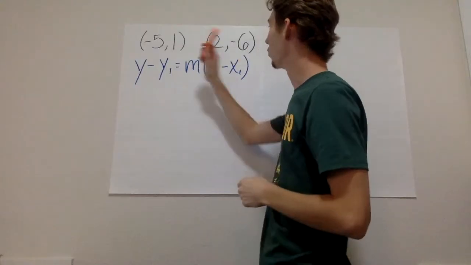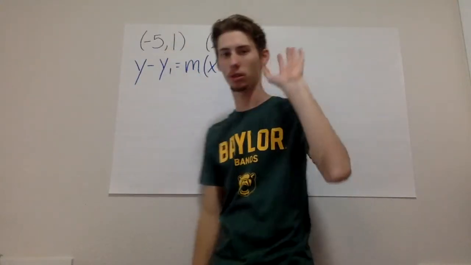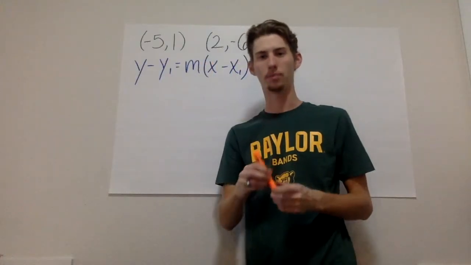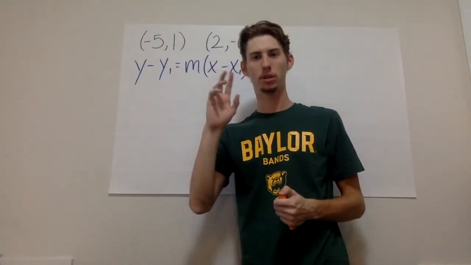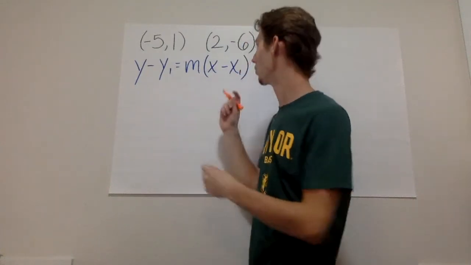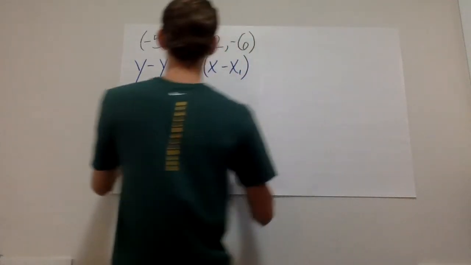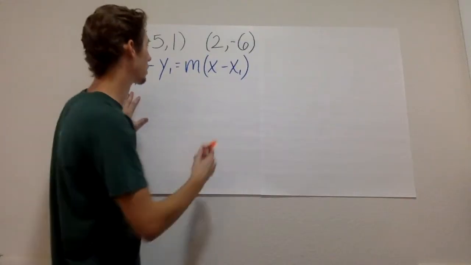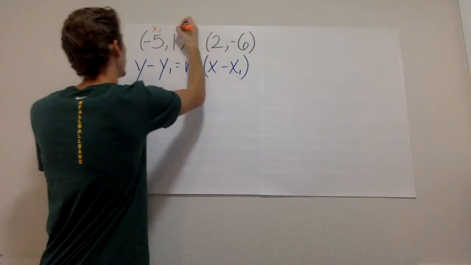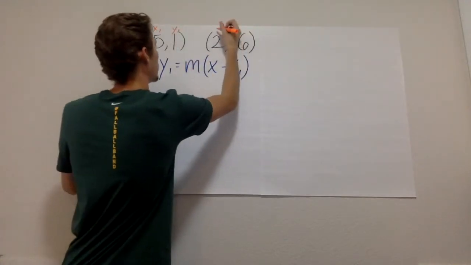We've got 2 points here, so we don't need to worry about finding a point, but we need to find slope. How do we find slope given a couple of points? It's the same as we normally do. We use y2 minus y1 over x2 minus x1. So I'm going to label this x1 and y1, and this x2 and y2.